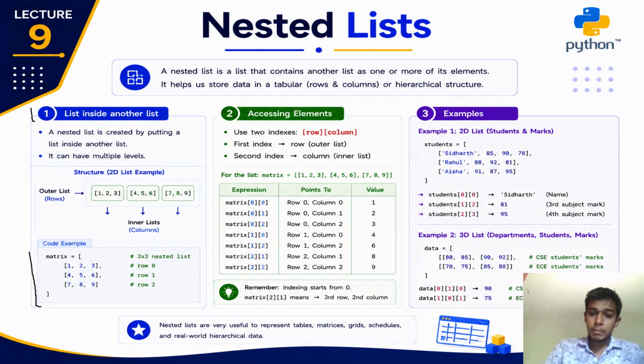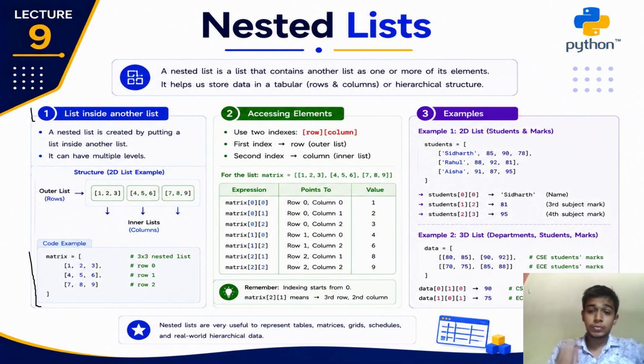It can even have multiple levels of nesting. Here is the example: row 1 contains 1, 2, 3, row 2 contains 4, 5, 6, row 3 contains 7, 8, 9. You can think of it exactly like an Excel sheet or a table. The outer list stores the rows while each inner list stores values in that row.